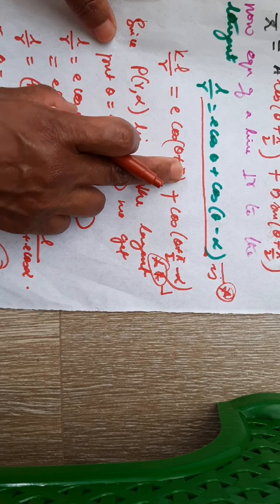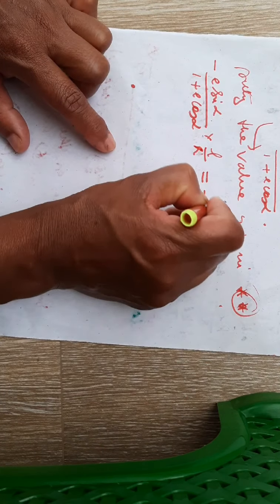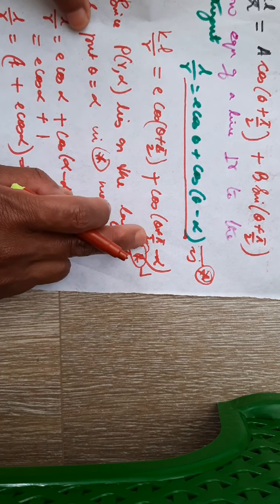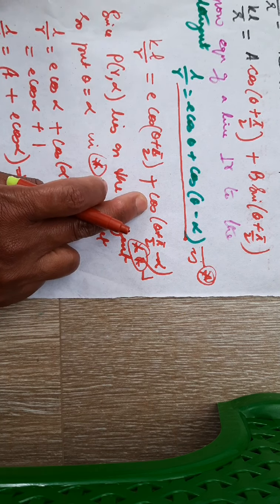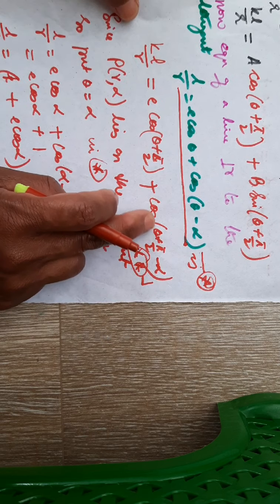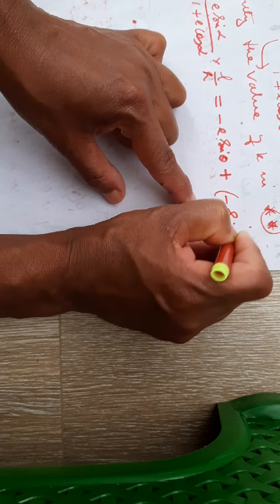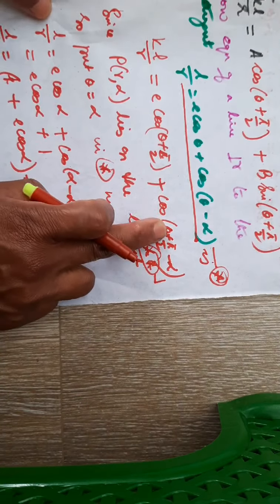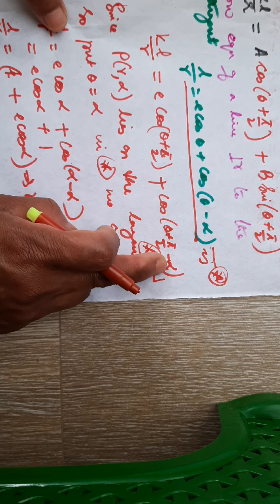e cos, cos of theta plus pi by 2 is the same as minus e sine theta. So it will be minus e sine theta plus, and then here it will be cos of theta plus pi by 2 minus alpha, which is the same as minus sine of theta minus alpha. You just expand this one, then you'll get that cos of theta plus pi by 2 minus alpha is the same as minus sine of theta minus alpha.